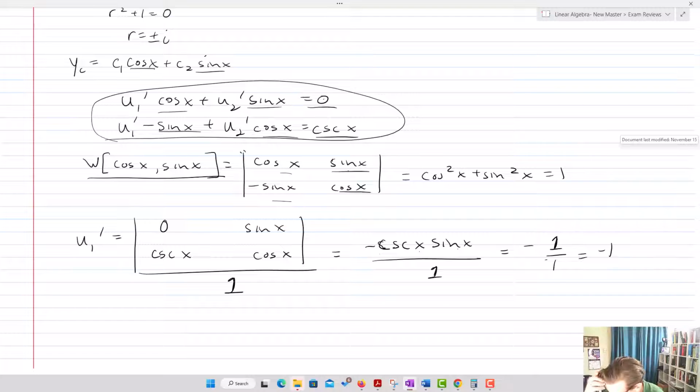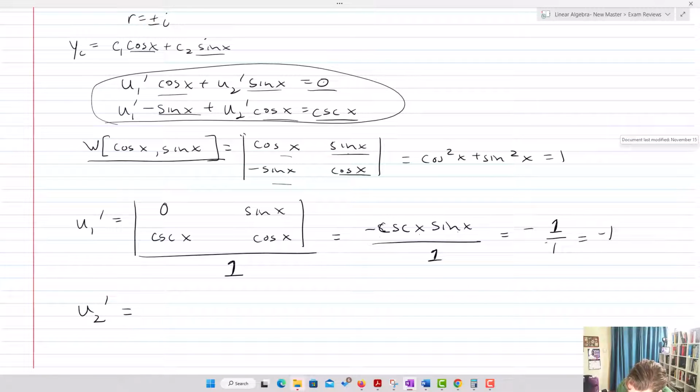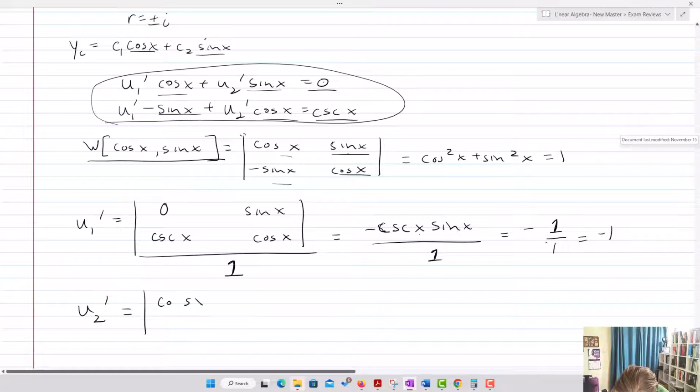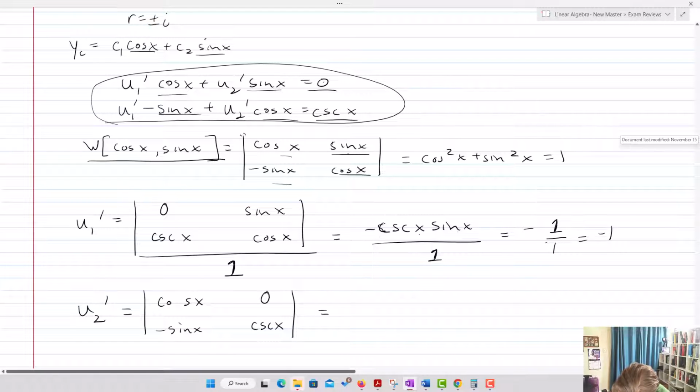That's equal to 1. u2 prime is going to end up equaling, now, we'll keep the first column, cosine x, negative sine x, and then we'll have 0 cosecant x, over 1 again, and this is going to end up equaling cosine x times 1 over sine x.